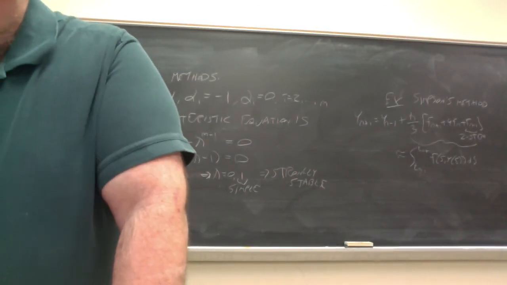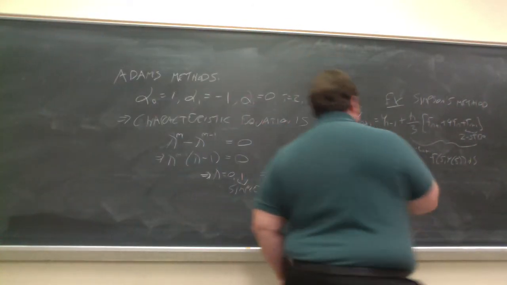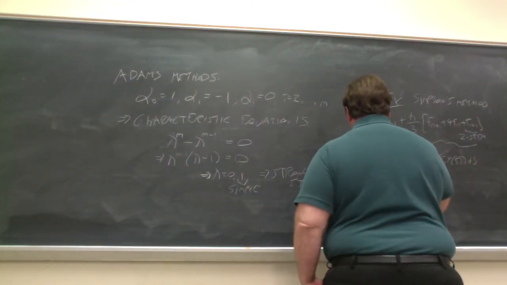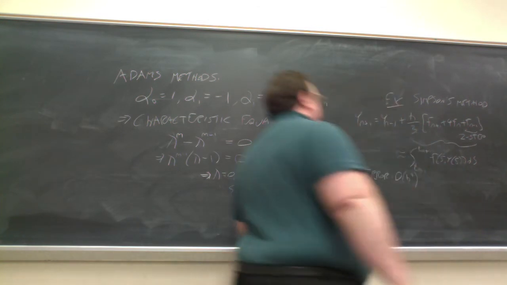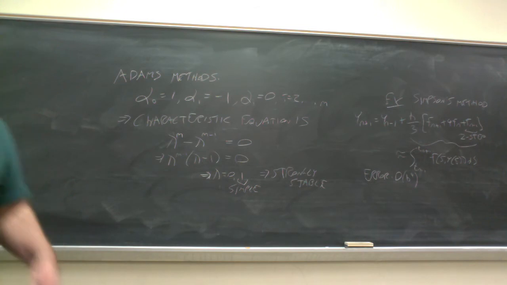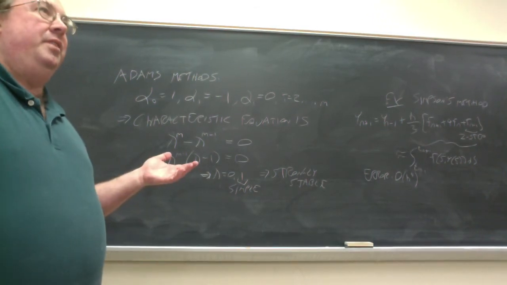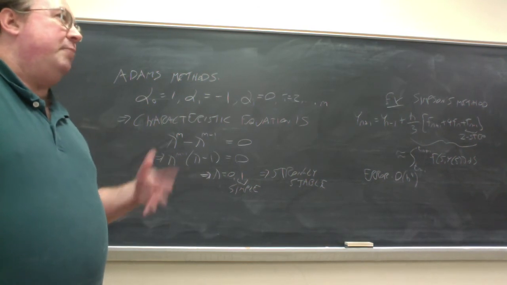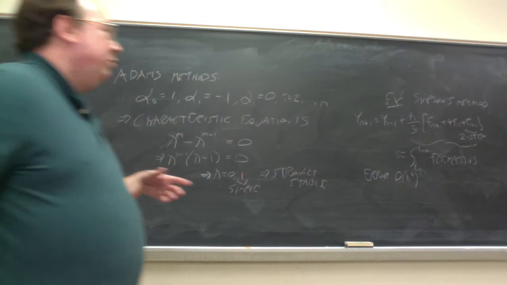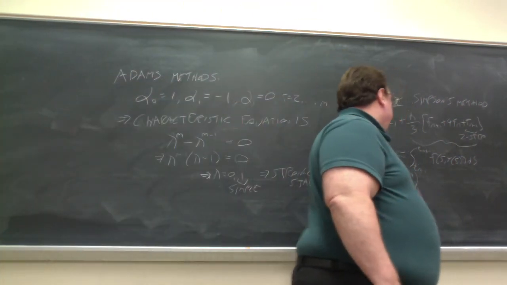Now, what's unusual about this method is it's a two-step method, but it's 4th order accurate. That's quite unusual because usually, for an Adams method, if it's an m-step method, its order of accuracy is m or m plus 1. You don't normally have the order of accuracy exceeding the number of steps by that much.